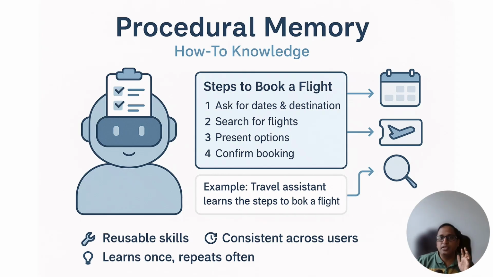It could be anything. Wherever you have a very structured procedural task, you can use procedural memory so that the agent can remember this, so that when you are asking the agent a question, you can pass it as context. Hey, when the question is this, you need to search first, present the options, and when the user confirms, do this. So you pass all this procedure as part of the context to the agent.